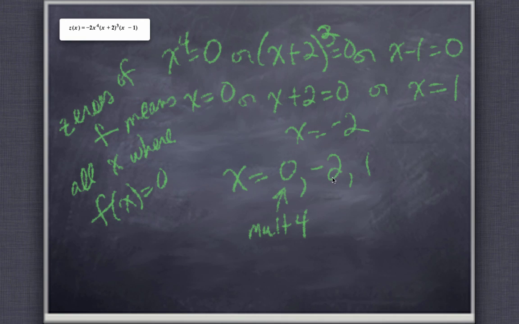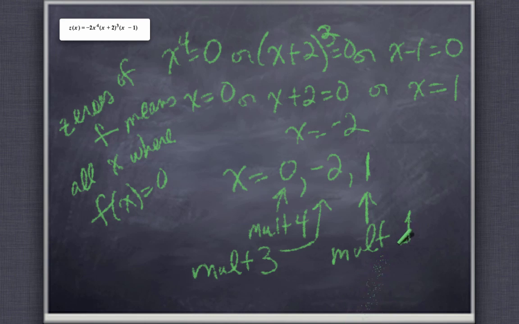Negative 2 was made 0 by the presence of an x plus 2. There are 3 x plus 2's. So this has multiplicity 3. 1 became a 0 by virtue of x minus 1 being in our product. X minus 1 is only there one time. So that's multiplicity 1.